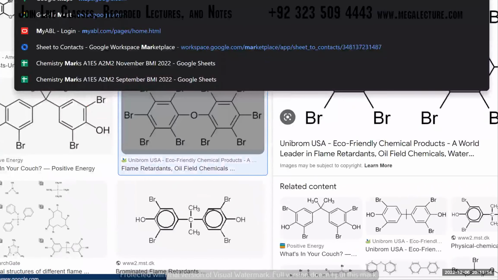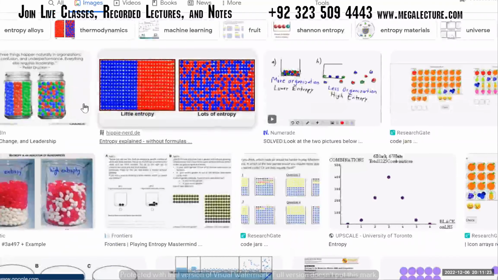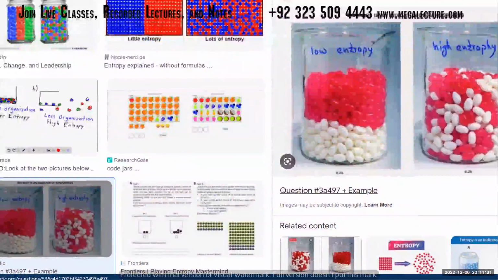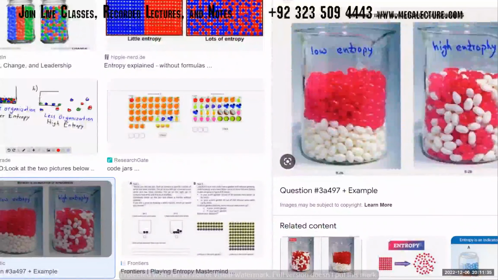High entropy, low entropy. The first thing is you have to make this clear कि what's a high entropy state, what's a low entropy state. तो ये actually बड़ा अच्छा example है. ठीक है, so if I just copy this image, इस image में दोनों को अलग-अलग कर लेते हैं.